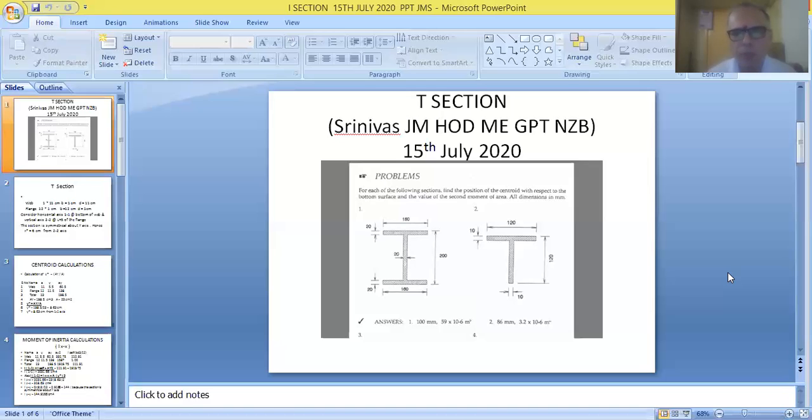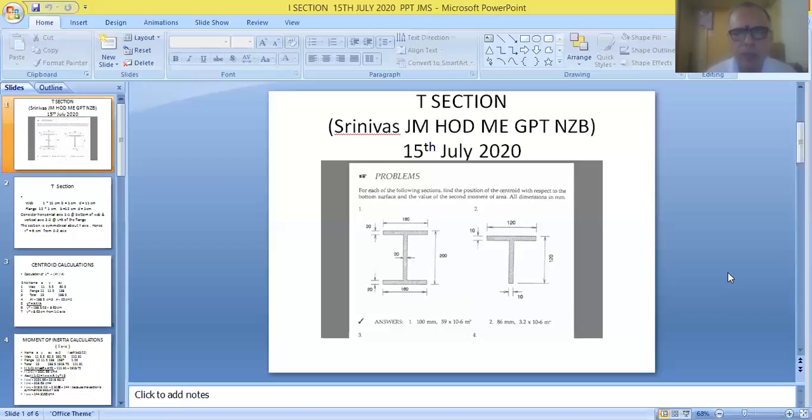Very useful for solving problems in a simple and easy manner. And secondly, friends, let us note down the dimensions of the flange. Given as 120 millimeter and 10 millimeter. So 120 millimeter is equivalent to 12 centimeter, and 10 millimeter is equivalent to 1 centimeter.